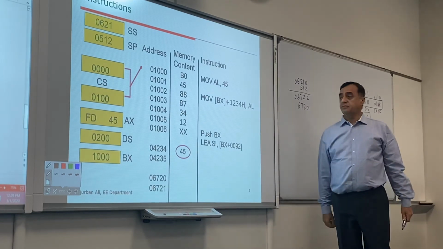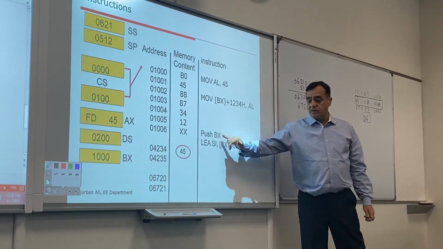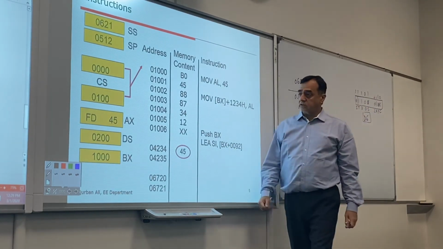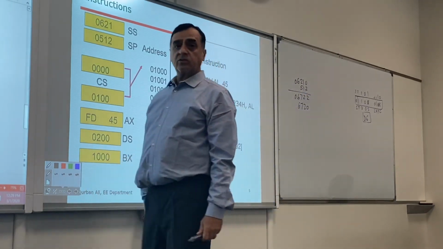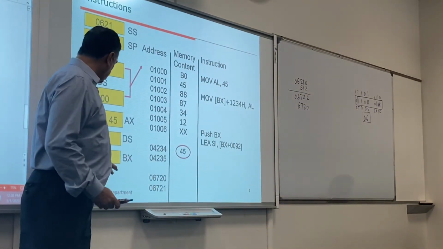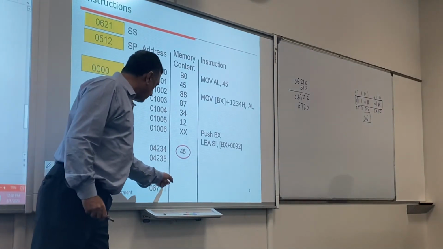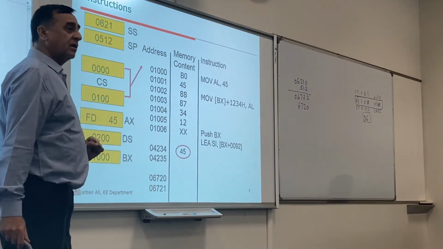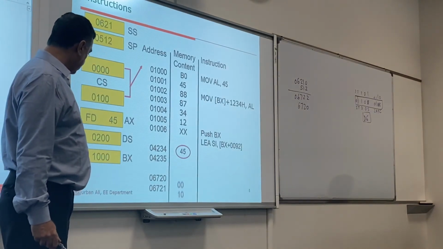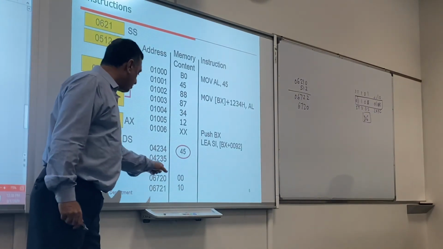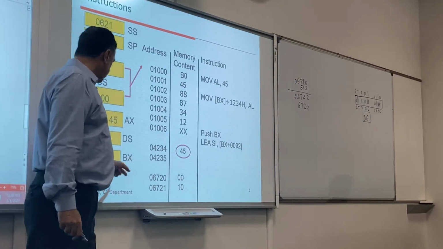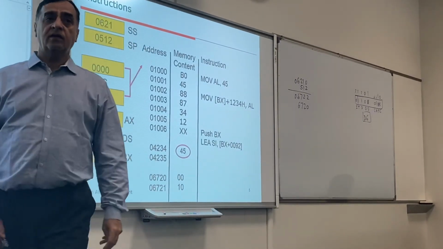We went there, and we are pushing BX, which is 1000. 00 is the lower byte, 10 is the higher byte. So this is 20 lower, 21 higher. So you keep that thing. Lower byte goes to the lower address, higher byte goes to the higher address.